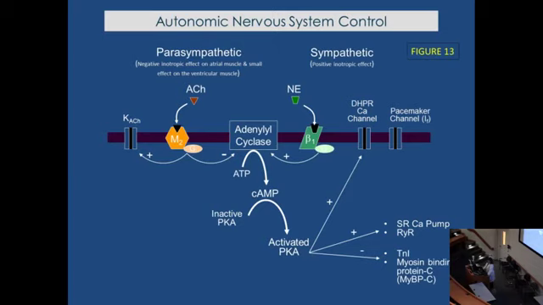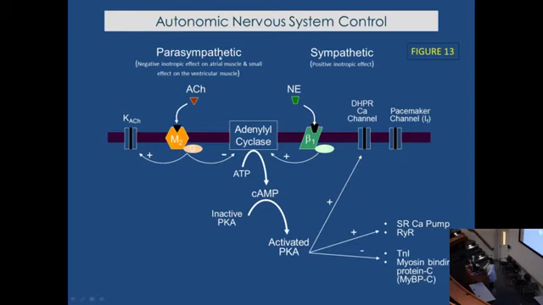This is just to put in context that the autonomic nervous system can modulate cardiac contractility. As I mentioned already, the sympathetic nervous system has positive inotropic actions through cyclic AMP. We said that activation of PKA, and then phosphorylation of the different substrates, is illustrated here.